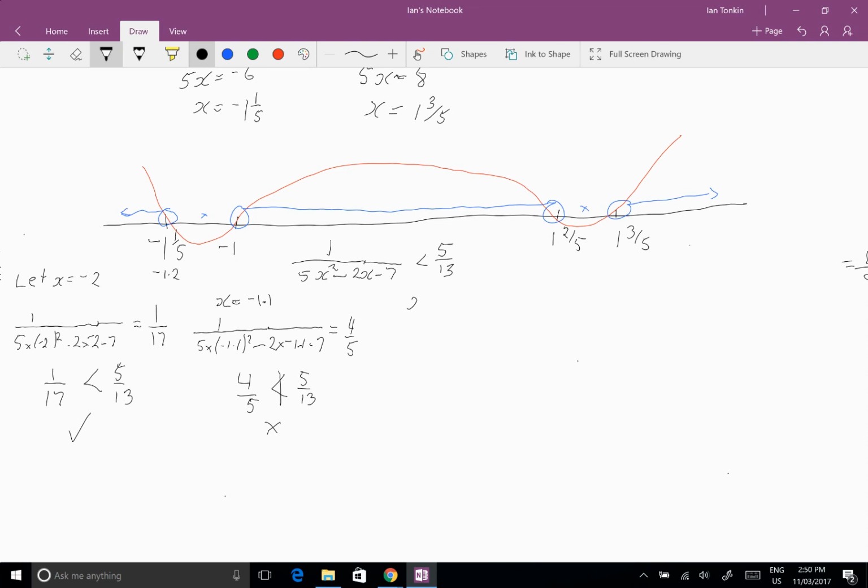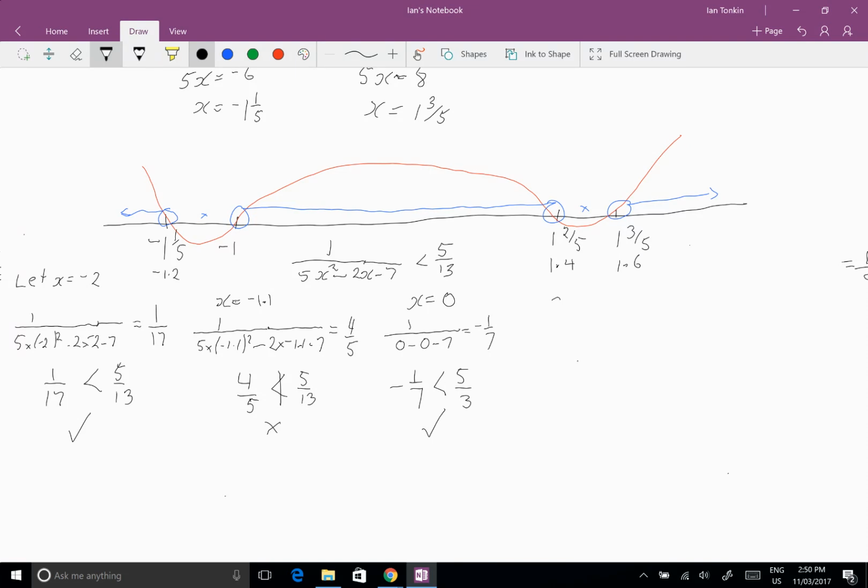Now I'm going to let x equal a number in here, and I'm happy because I can pick 0. So I get 1 on 0 minus 0 minus 7, which equals negative 1/7. And negative 1/7 is less than 5 on 13, so we want that part. 2 to go. So this is 1.4 and this is 1.6.